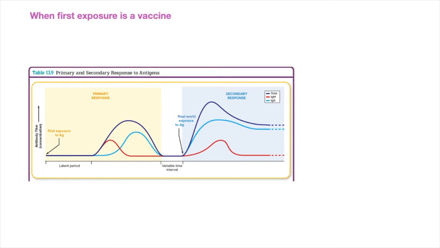Now, when the first exposure is a vaccine, as I just said, you will go through the primary response without having symptoms of the disease. In the case of the vaccines available for COVID-19, a booster shot is recommended, and it's given also sometime during the primary response.